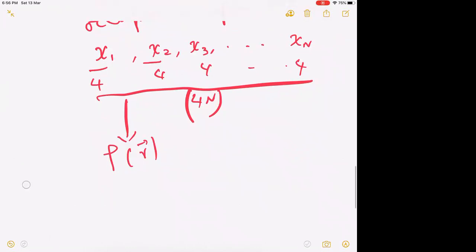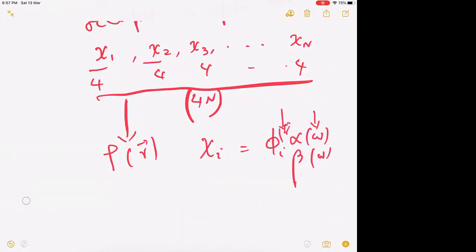Now note that each of the spin orbitals, let's say chi-i, has a space part, phi-i, and a spin part which is either alpha of omega or beta of omega. Omega is the spin coordinate, and here you have a space coordinate, phi of r vector, which is 3-dimensional.